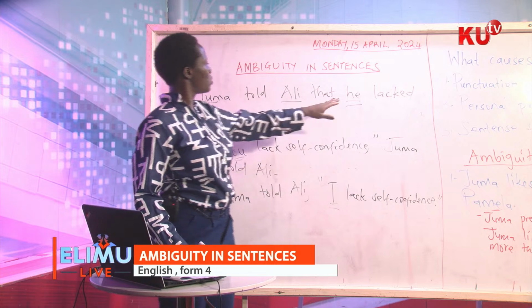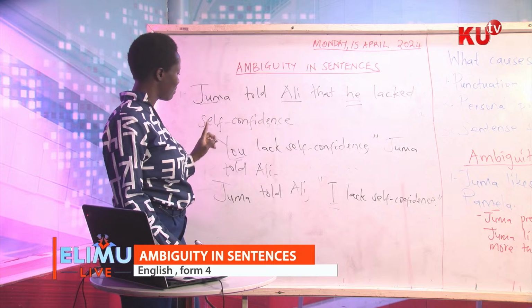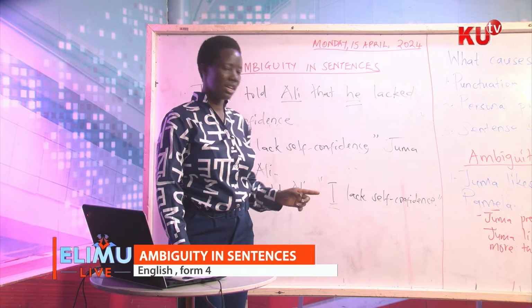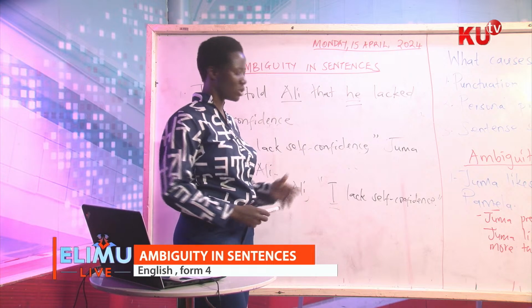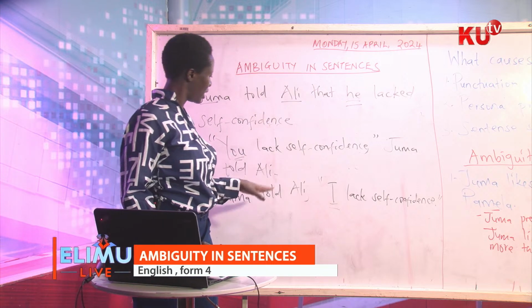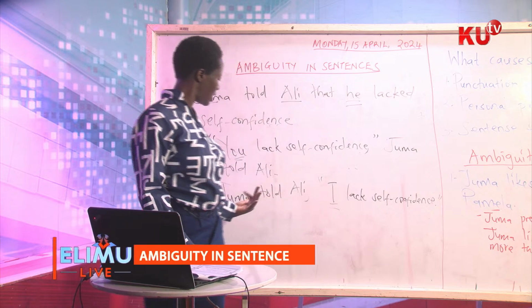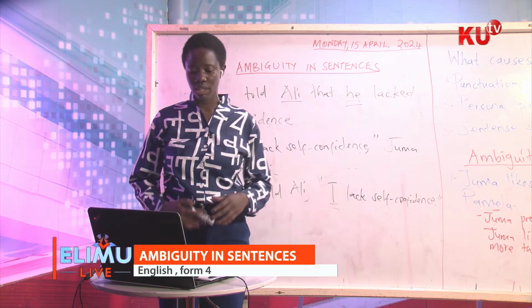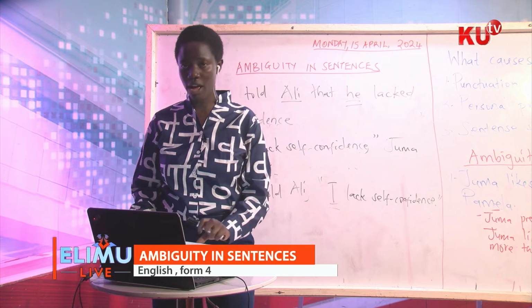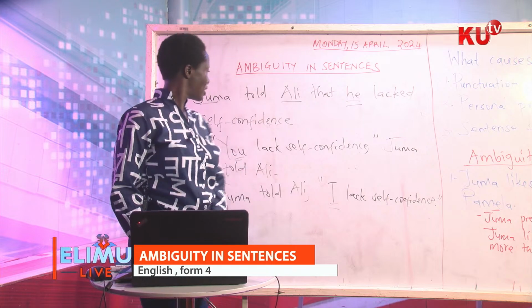But if you're referring to he as Juma, then the sentence will read, Juma told Ali, I lack self-confidence. So Juma is referring back to himself and says that he lacks self-confidence. And so, I lack self-confidence, Juma told Ali. So those are the two possible meanings of that sentence.